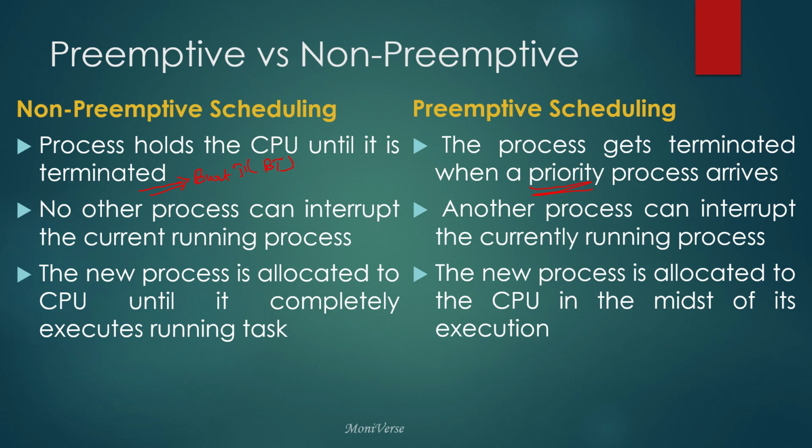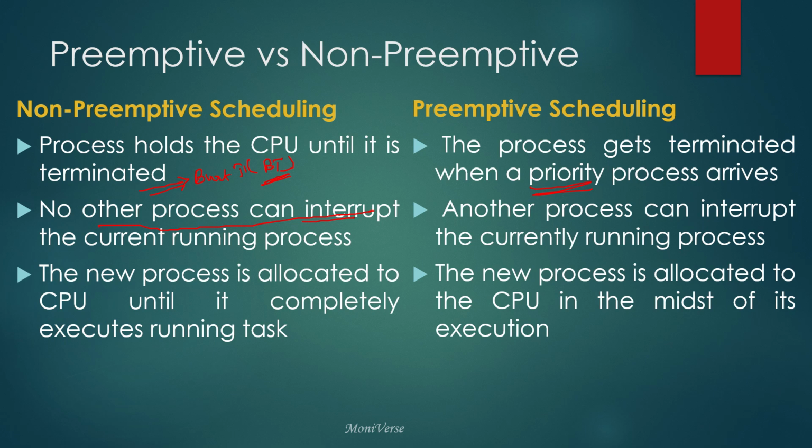So obviously, when we are considering the second point, when the process enters the processor, it will be holding the processor until its burst time is completed, meaning no other process can interrupt it, right? So the second point is that no other process can interrupt it.